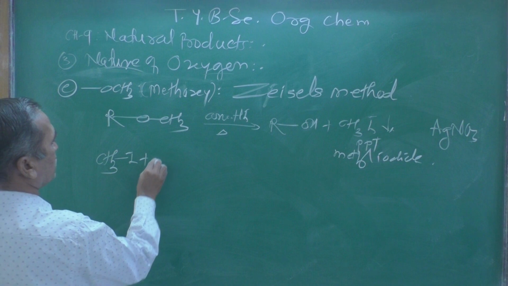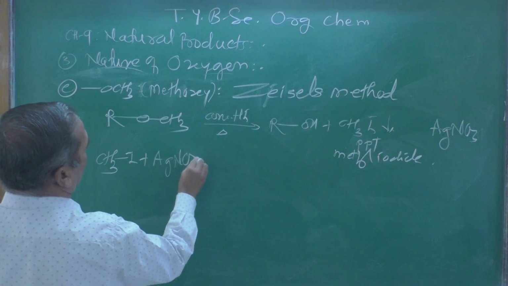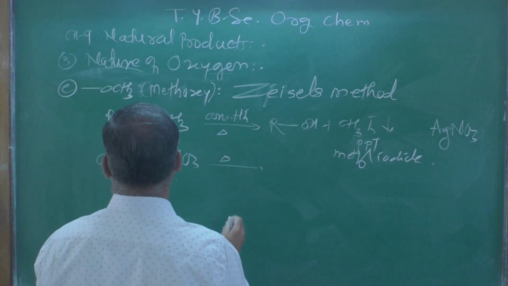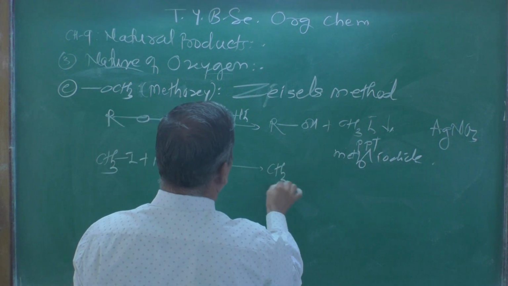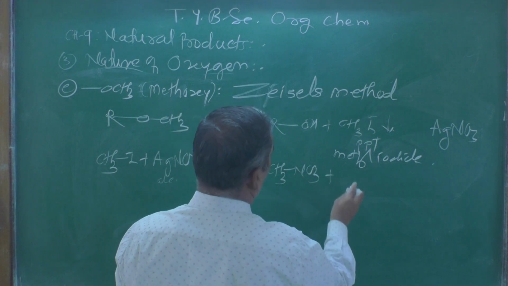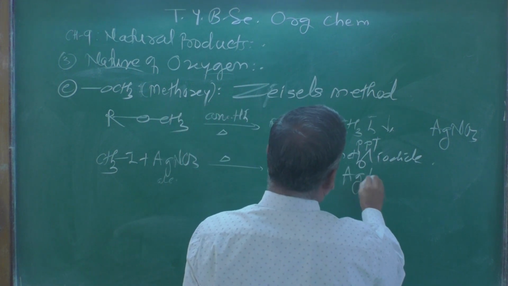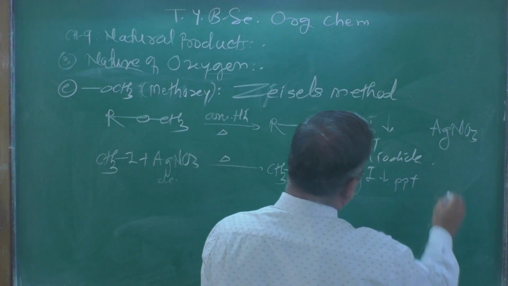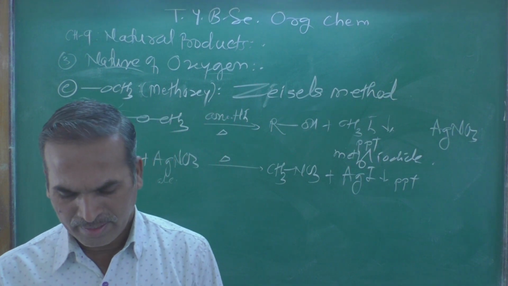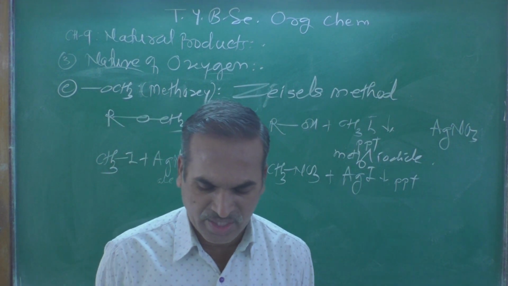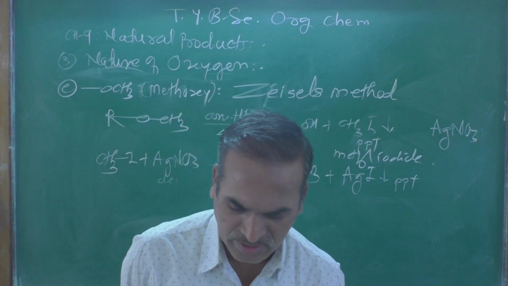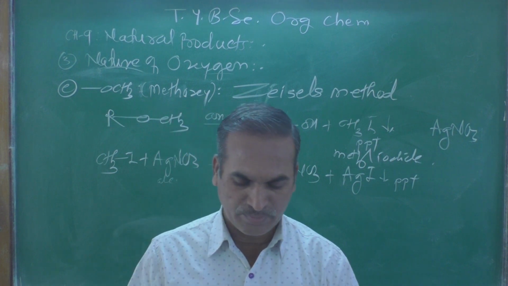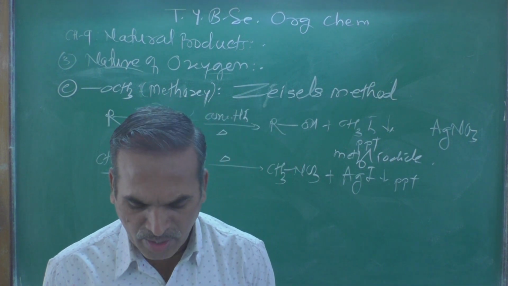We add the reagent alcoholic AgNO3, and now when heated, what do you get? Methyl nitrate, CH3NO3, plus AgI. This is in the form of a precipitate, a PPT we are getting over there. And the precipitate of AgI is dried and weighed. From the weight of AgI, the number of methoxy groups is found out.